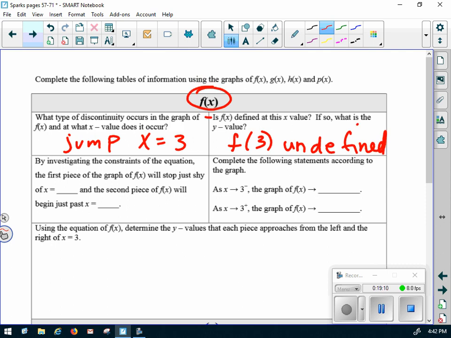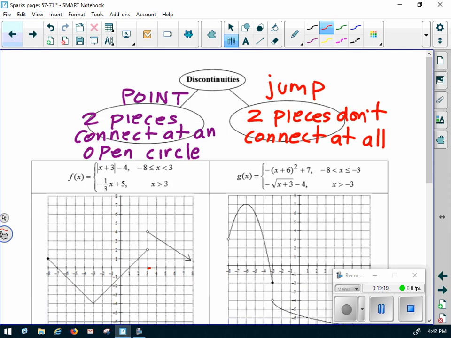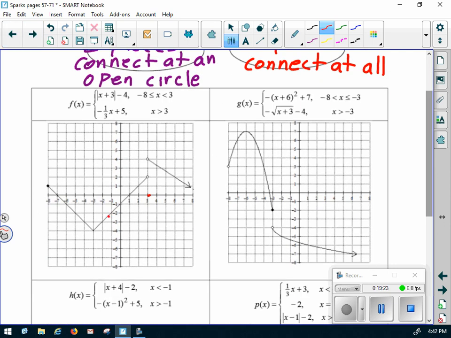Next question. By investigating the constraints of the equation, the first piece of the graph of f of x will stop just shy of, that graph stops just shy of x equal 3. And the second piece starts just past x equal 3.